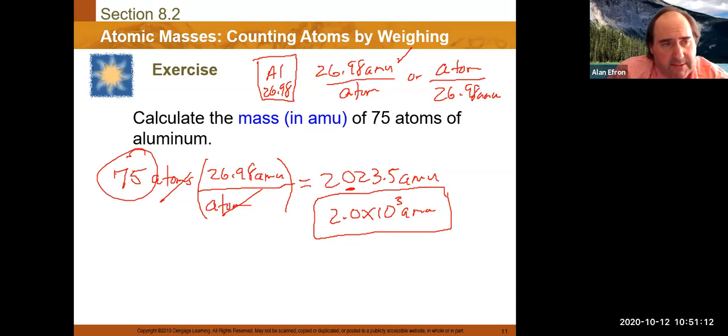But again, that is one relationship that you could get is AMU per atom. For any of the elements that are on there, if you also needed to add everything together, you would just add all the parts of a formula together, and that would give you your atomic mass. Any questions on that there?